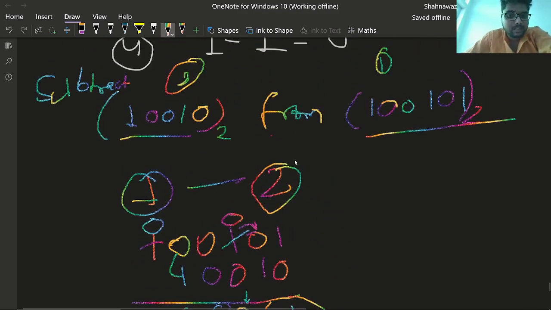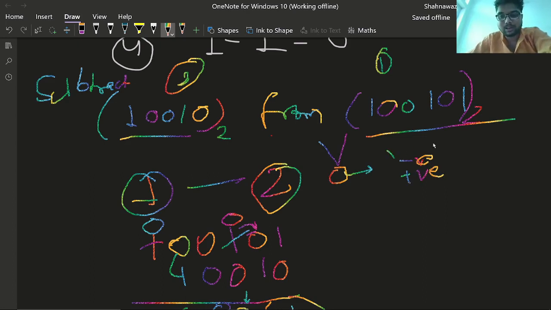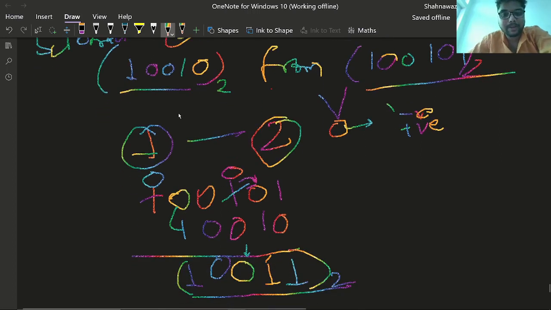But this rule sometimes fails in binary numbers because there is the concept of negative and positive binary numbers, which is an advanced topic. I will not cover it in this video, but for now I am just taking this example to explain the arithmetic form.